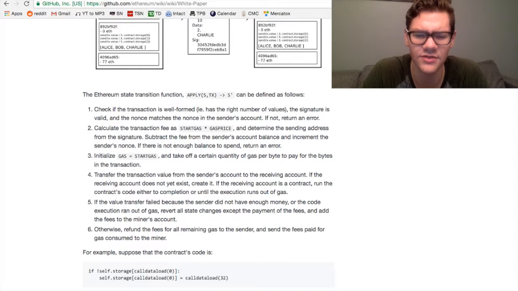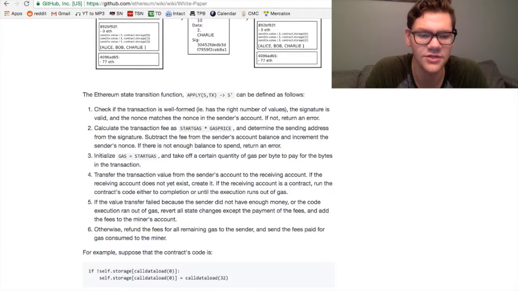If not, return an error. 2. Calculate the transaction fee as STARTGAS * GASPRICE, and determine the sending address from the signature. Subtract the fee from the sender's account balance and increment the sender's nonce. If there is not enough balance to spend, return an error.